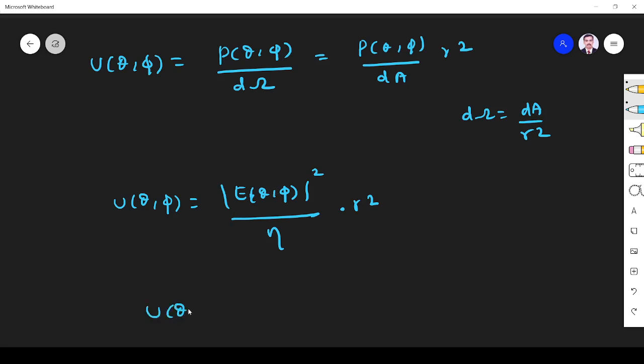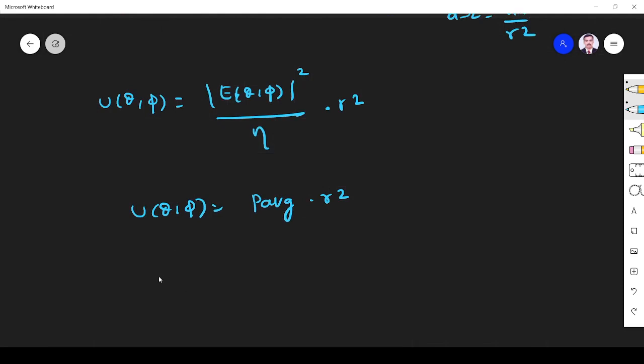So I can write U theta phi as P average, that we know, average power into r squared. In magnitude, average radiation intensity is given by the total radiated power divided by 4 pi. The total solid angle is 4 pi, like for radian we say 2 pi.